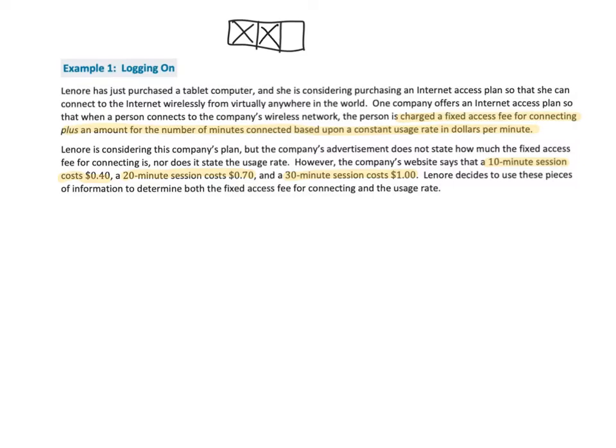This third time, maybe we're going to pull out some information from what we have highlighted. Okay? So I'm just going to read the parts that I've highlighted. It says, charge a fixed access fee plus an amount for the number of minutes connected. So she's charged this plus the amount for the number of minutes. So access fee plus the number of minutes.